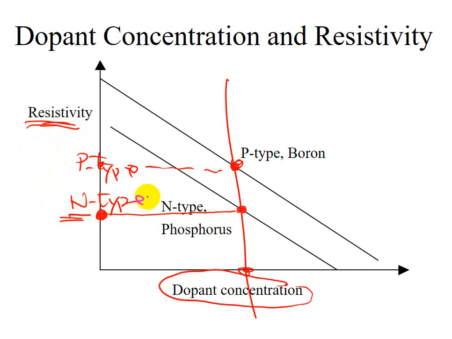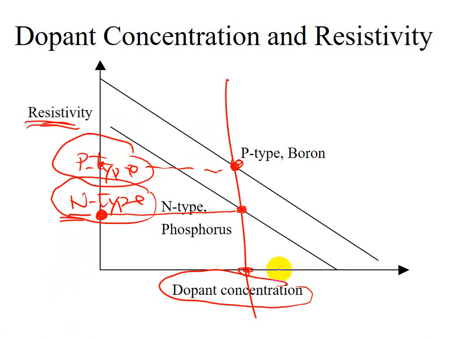So for N-type semiconductor with the same dopant concentration, it has higher conductivity because of higher mobility, higher speed. It moves faster than p-type semiconductor.